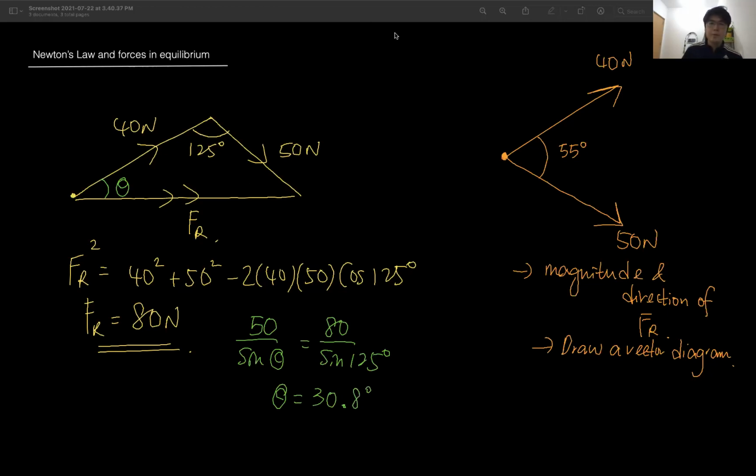And then after you got this, every time you get the answer, you draw it again on the original diagram. Okay, show it on the original. So I draw something like this. 80 Newton, and then label the angle.